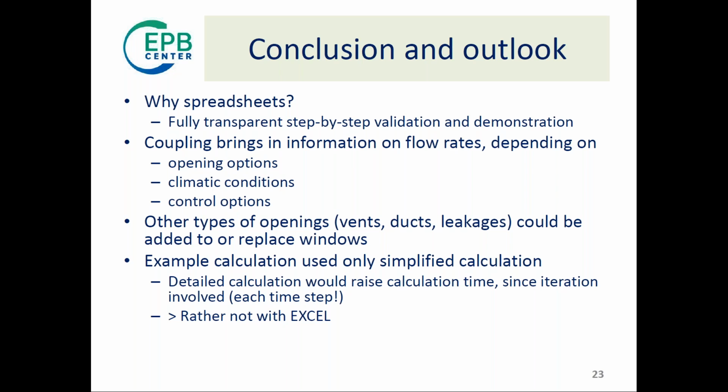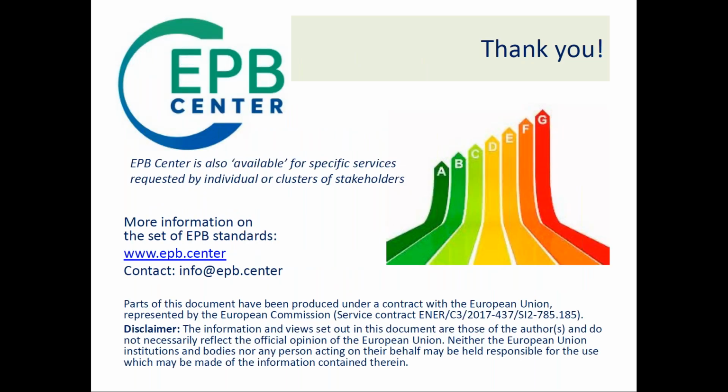It can be implemented in some code, which is actually the intention: the spreadsheets are just showing that the formulas and the standards are working. But the expectation is that people would write tools on the basis of that.